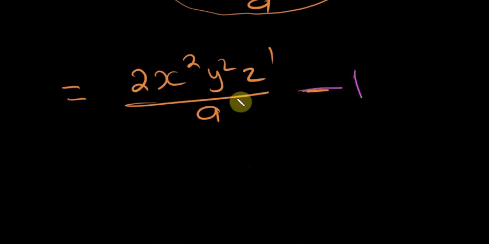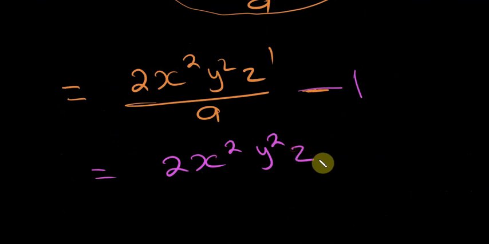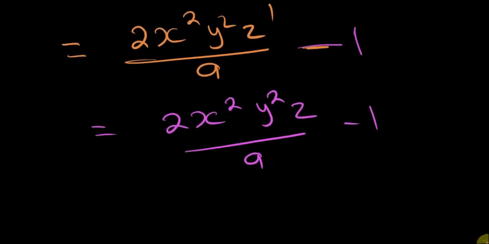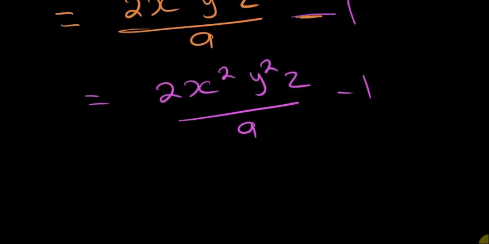So that's 2x squared y squared z over a minus 1. Okay, just rewriting this as a whole fraction. Let's say that 1 over a. So I would take a and 1.